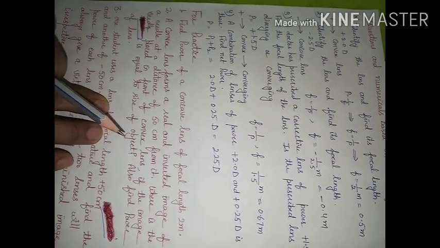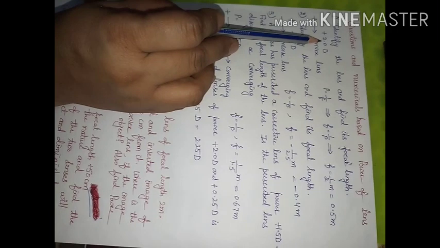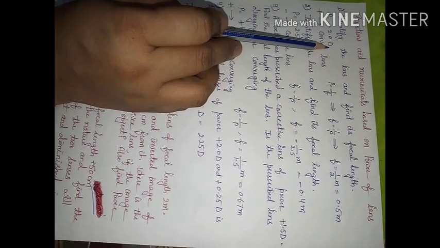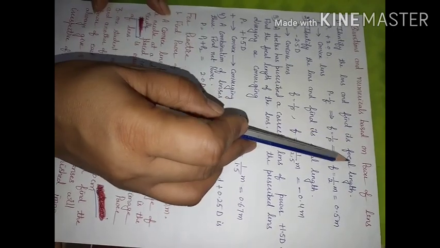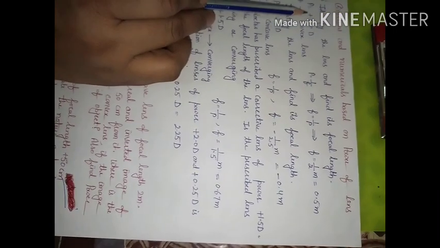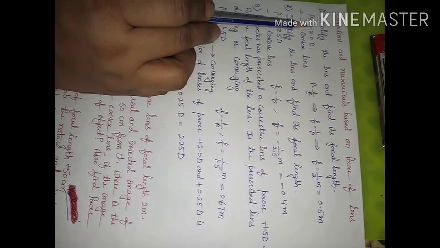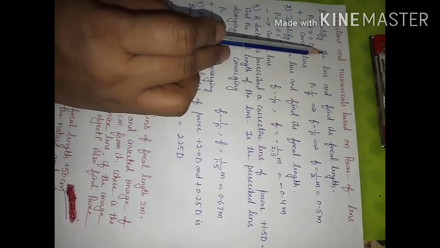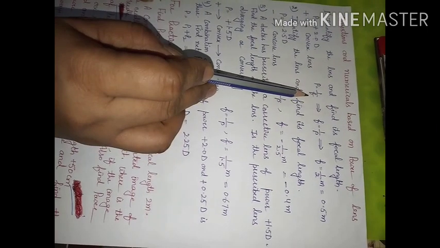For example, a question comes like this: if power is represented by plus 2 diopter, then you have to identify the lens and find its focal length. So power is plus 2 diopter. The plus sign shows that the lens we are talking about is a convex lens, and power is the reciprocal of focal length.